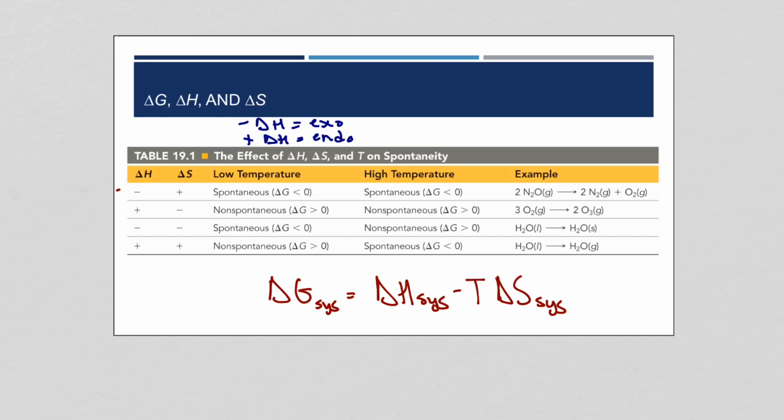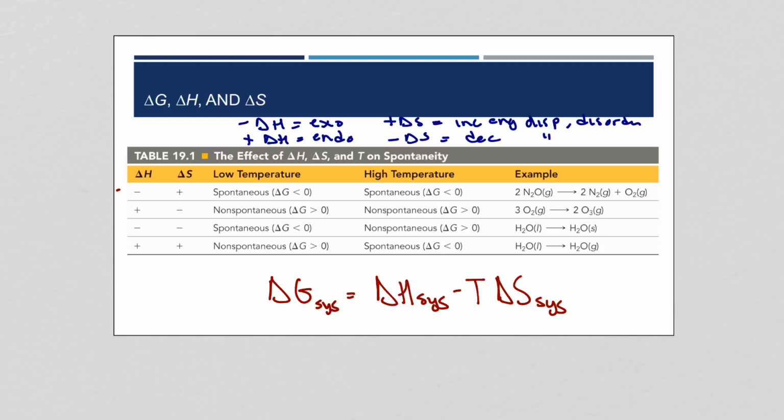Now, a reminder that a positive delta S increases disorder or energy dispersal, and a negative delta S decreases these things.